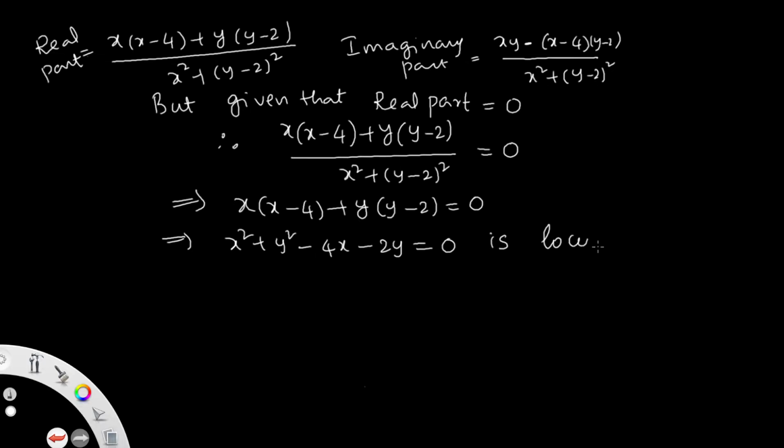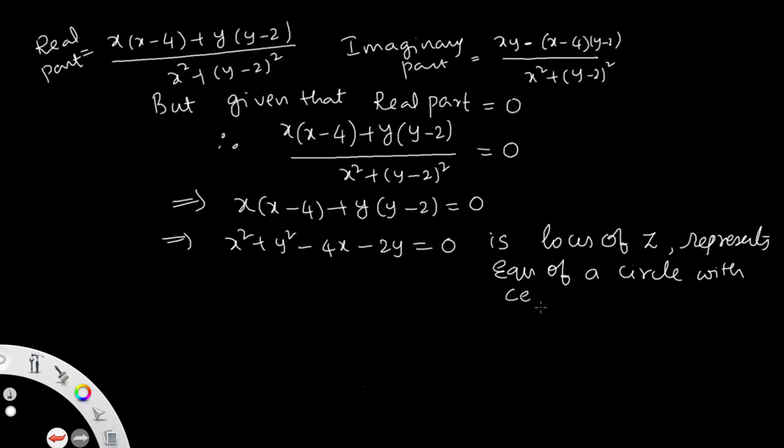This represents the general equation of a circle, in the form x square plus y square plus 2gx plus 2fy plus c equal to 0. Here c value is 0, with center as (2, 1).